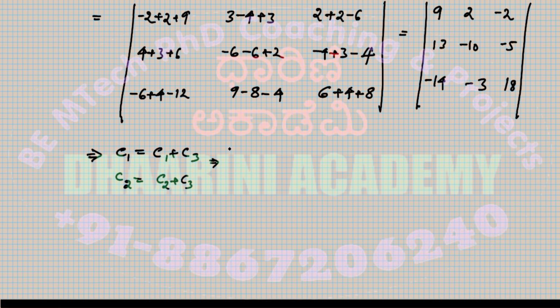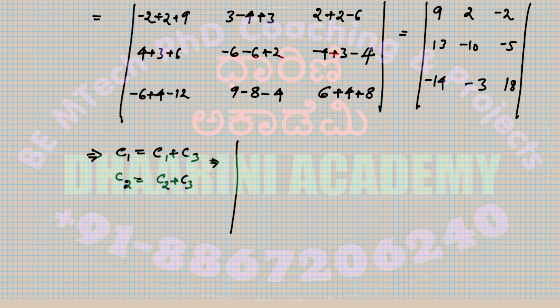So column 1 and column 2 change, C3 as it is. C1 is equal to C1 plus C3.